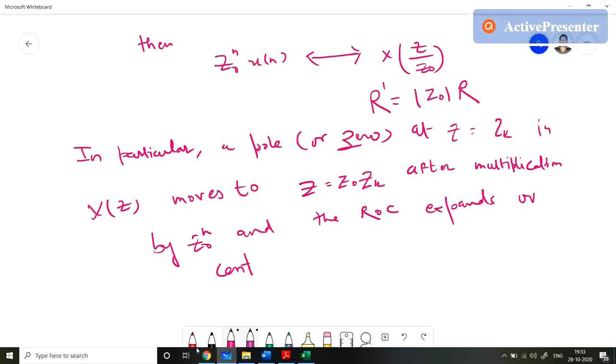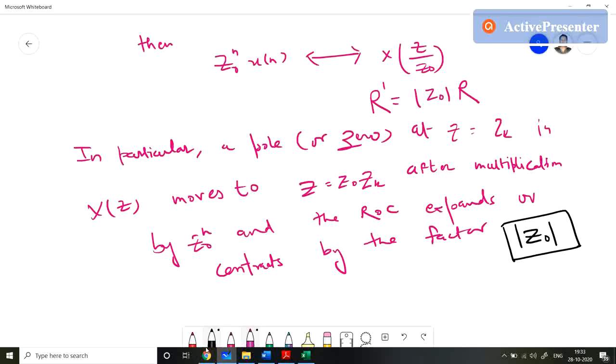And the ROC expands or contracts by the factor modulus of Z naught. So this is called the multiplication by Z0 raised to the power n property.